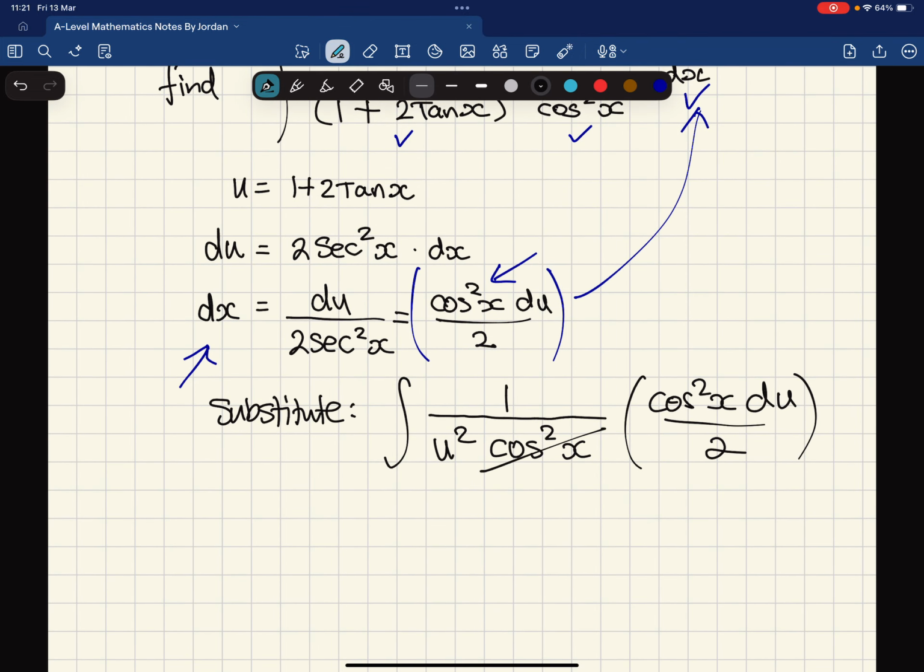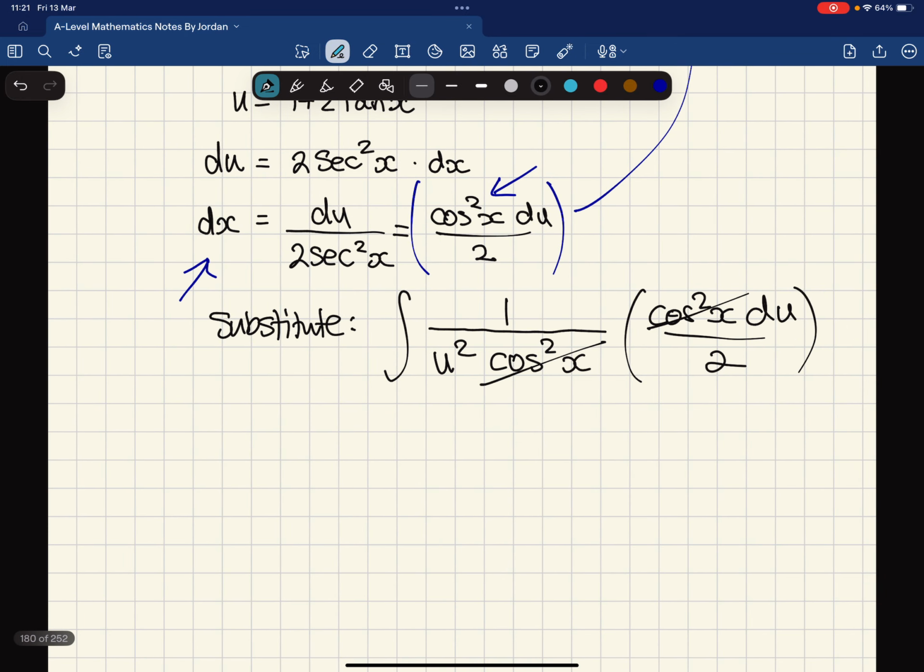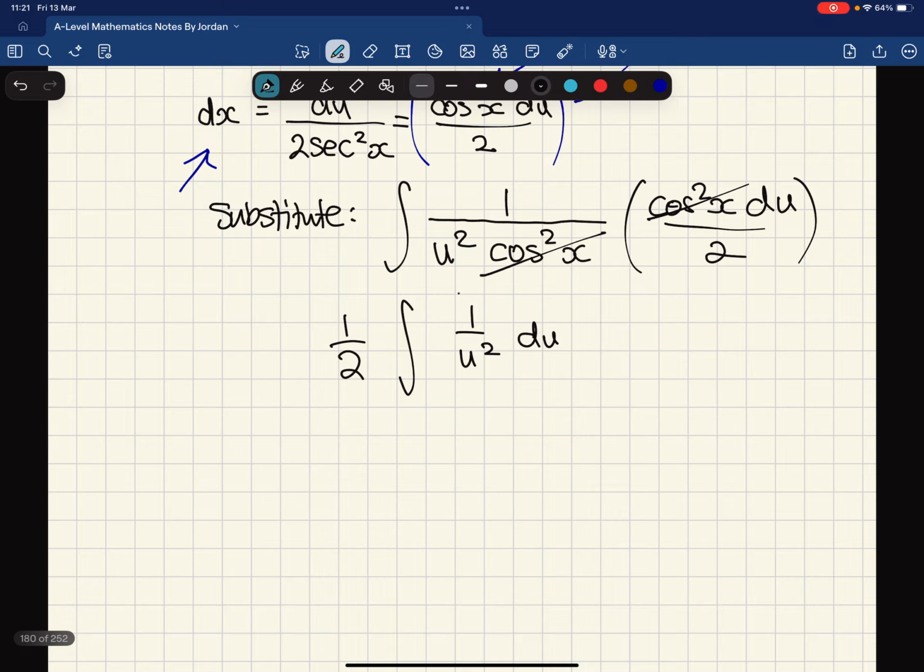Cos squared x will cancel here, which is nice. And the 2 at the denominator I can pull out as 1/2 since it's a constant, and all that's going to leave me with is 1 over u squared du. We don't like to integrate in this form, remember, this is first year, so we will turn that to have a negative power as follows.